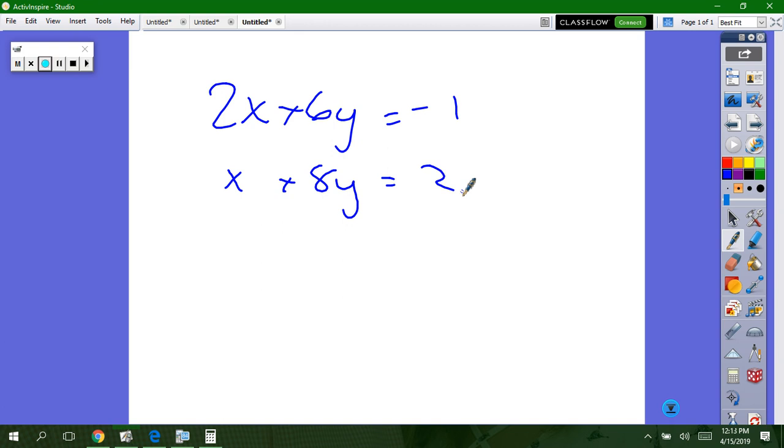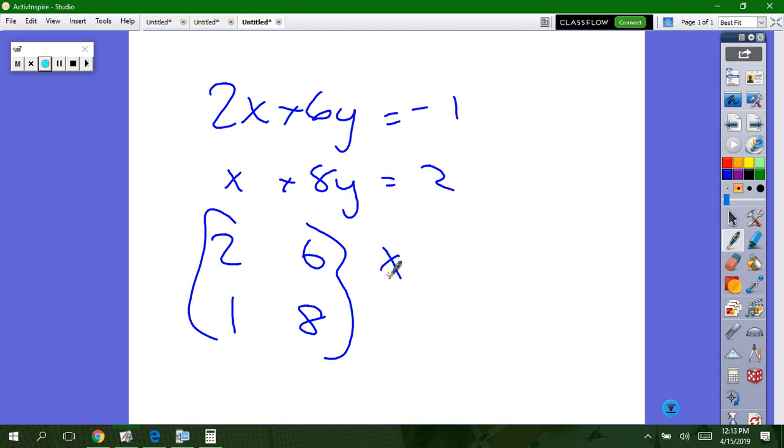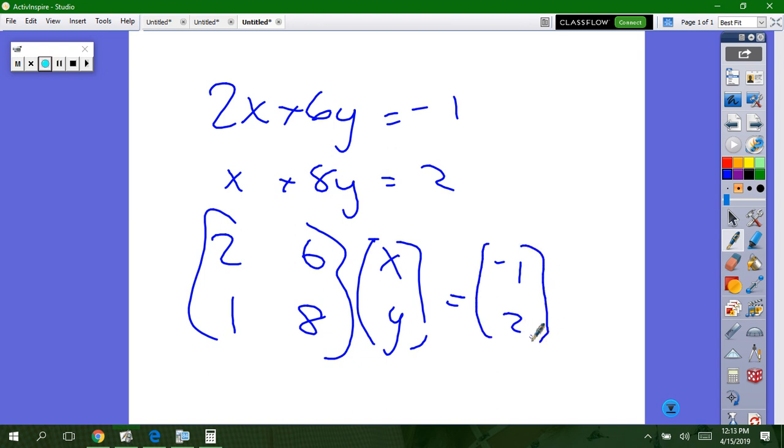That's the matrix. So let's write a matrix equation. With the matrix equation, I have 2, 1, 6, 8, and then x, y equals -1, 2. How many of you guys remember this from the homework on the last lesson?